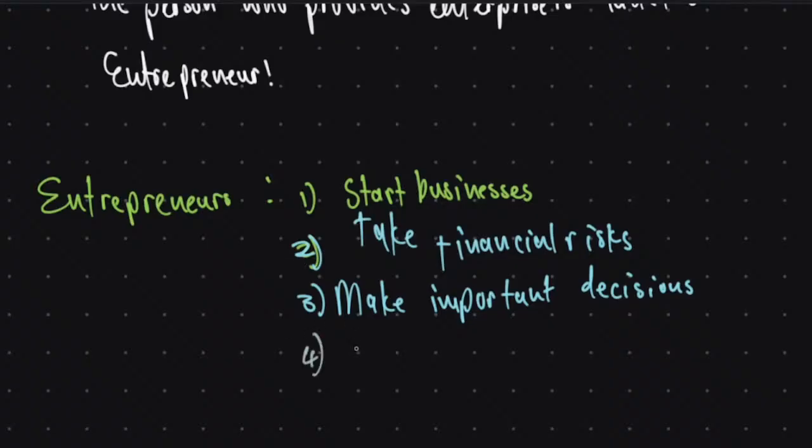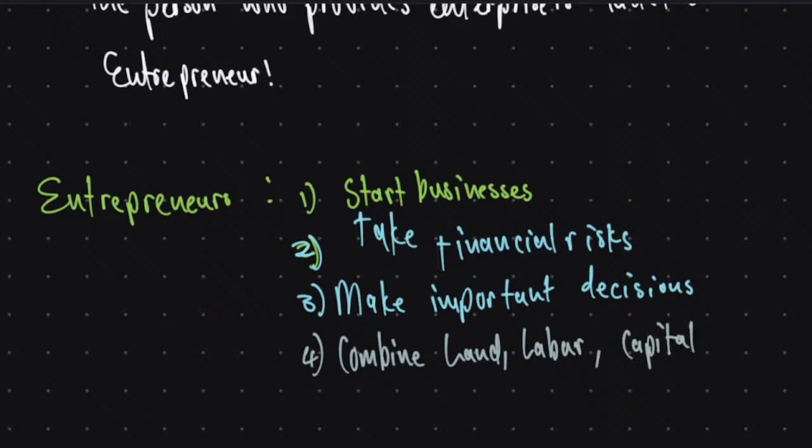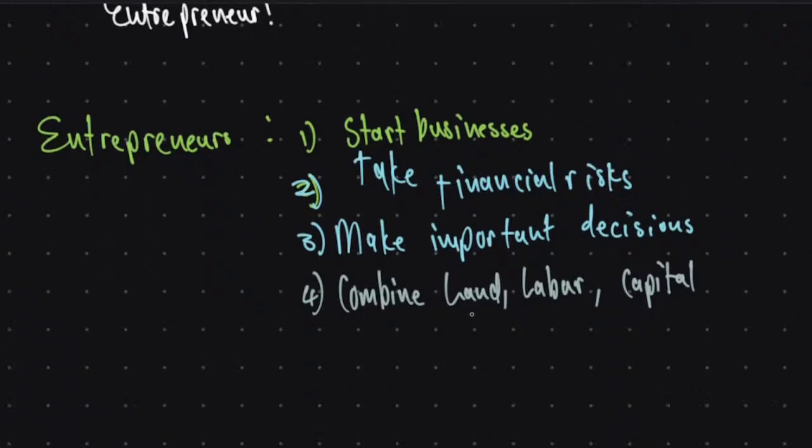Number four, combine the resources. So you should say combine land, combine labor, combine capital. Okay? You combine it. The fourth thing is enterprise. You are doing enterprise by taking risks and combining all these other three factors into one. Okay?